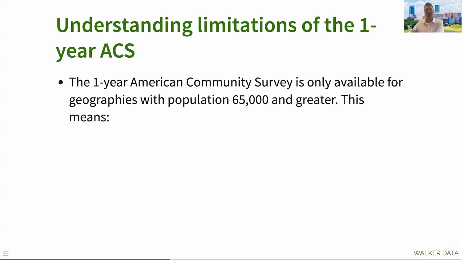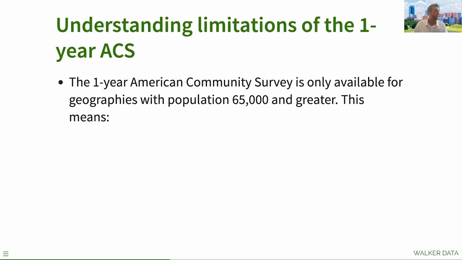Because you have to go collect the data, process the data, do QA/QC on it, and then release it. So there's always going to be a temporal lag, and of course your client wants information for right now because they're doing business right now. The 1-year ACS is great for getting you as recent data as possible.